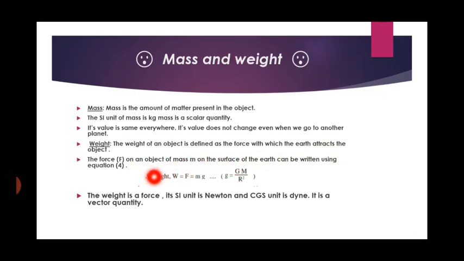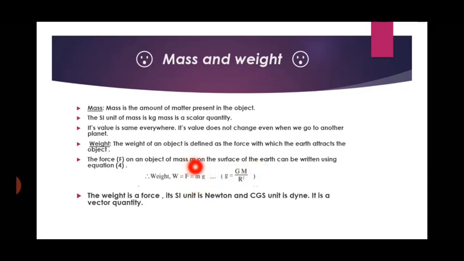So weight we represent as W, and this weight is equal to force, F, and the formula is mg. Now what is the value of g? g is equal to GM upon R square. So this is the formula for the weight.